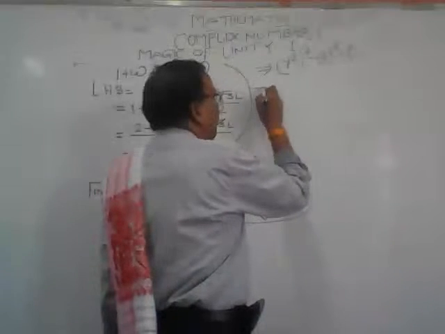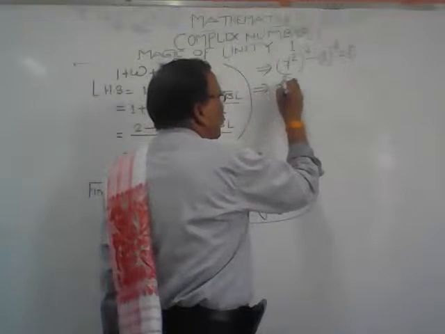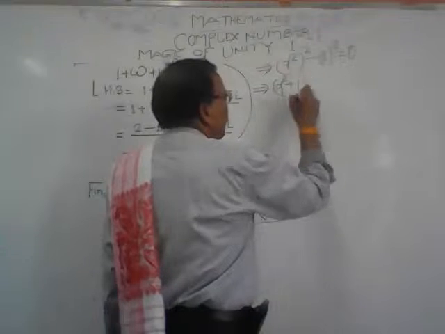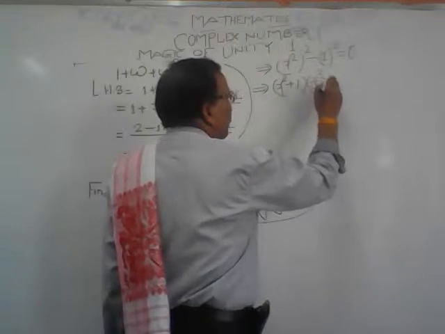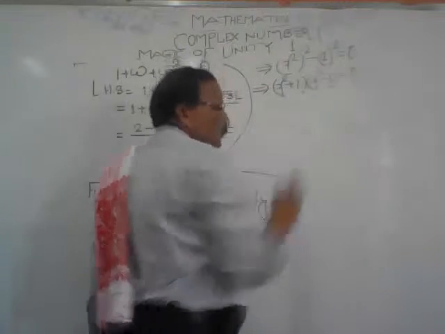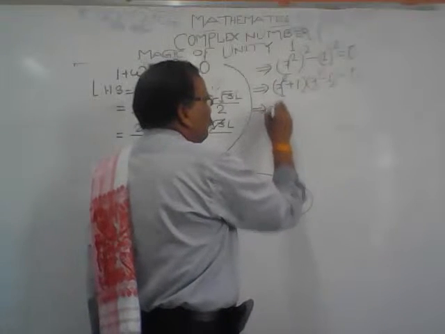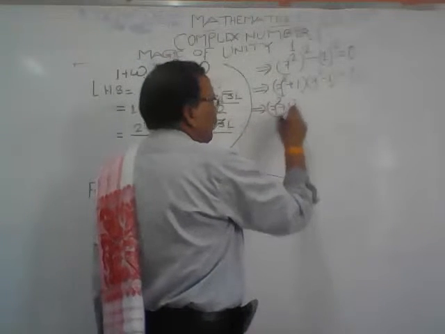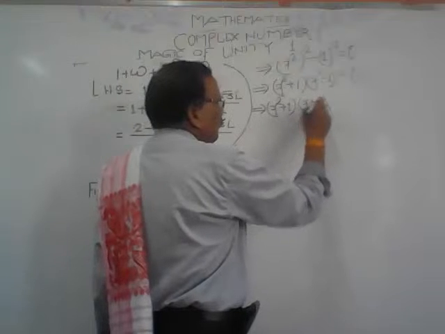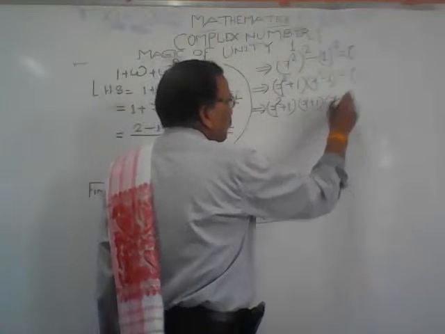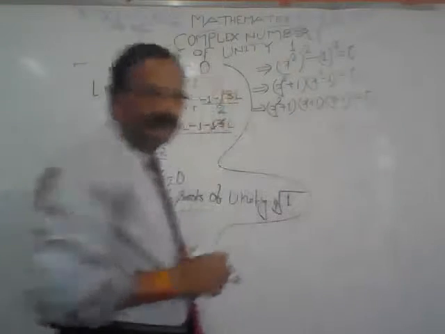This implies (x squared plus 1) into (x squared minus 1) is equal to 0. This implies (x squared plus 1) into (x plus 1) into (x minus 1) is equal to 0.